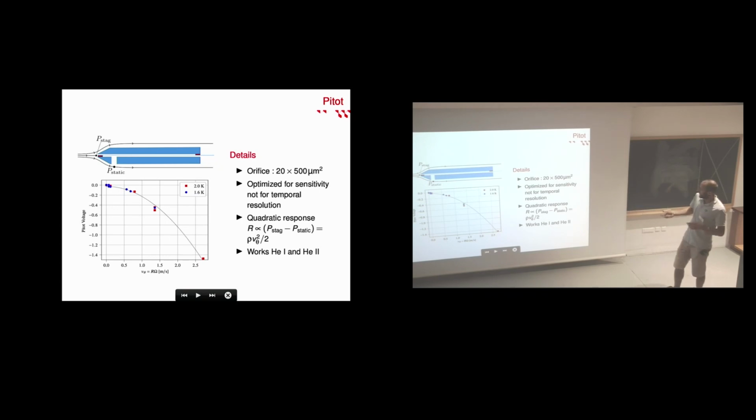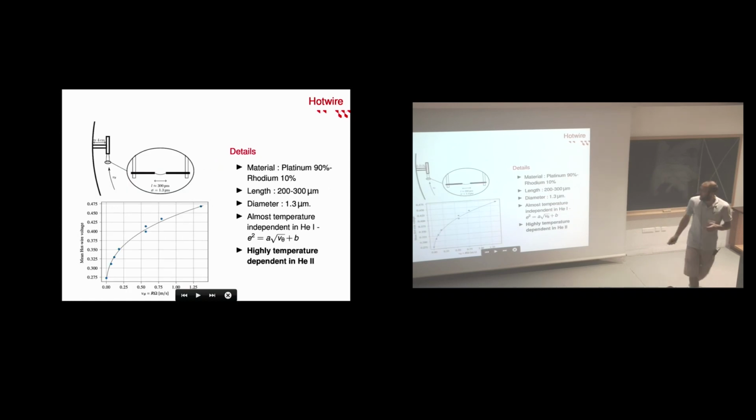And if you do this difference, you obtain the dynamic pressure. So again, it's the density times v squared. And you obtain this quadratic response again to the flow. And again, this kind of sensor has been validated by previous experiments and works the same way in helium-1 and helium-2.